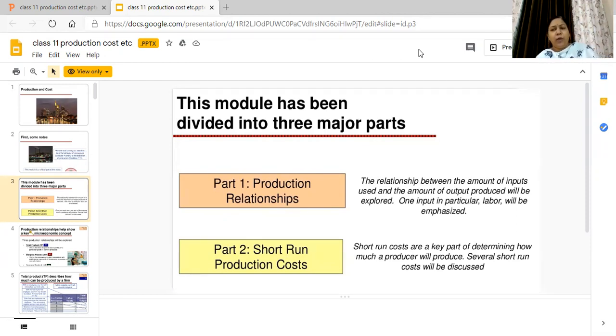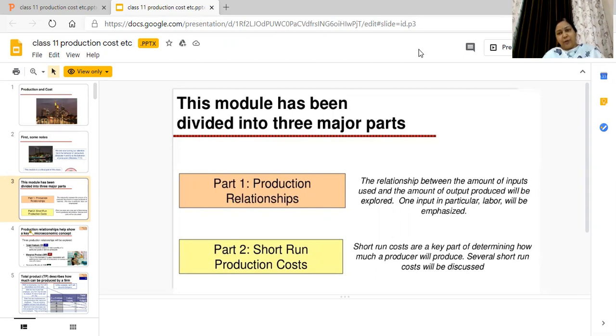If you want to eat gulab jamun, what do you do? You bring the mawa from the market. Then you mix some flour in it, then you fry it, and then you put it in the sugar syrup.